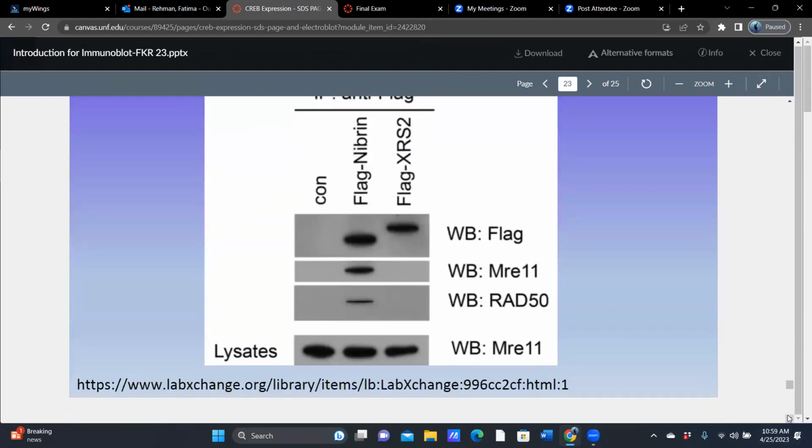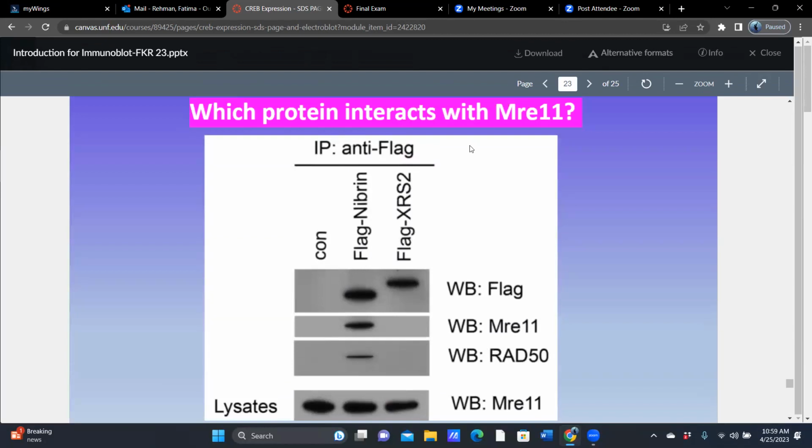And this was an example with immunoprecipitation, kind of like what I talked about, affinity chromatography. So we were looking at which proteins are interacting with MRE11. That's the protein that we are using to purify, right? So we used an antibody against MRE11 to pull down whatever comes with it, okay?